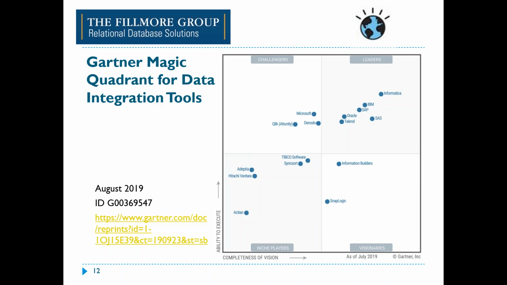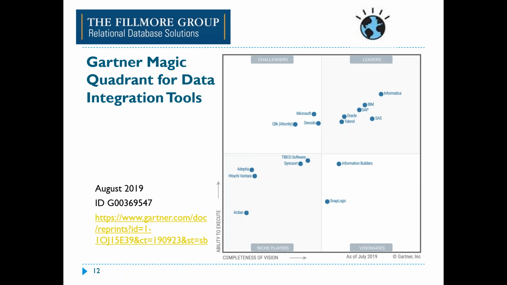The upper right is called the leaders quadrant, and that is because they excel in both the ability to execute and the completeness of vision. And as you can see, Informatica and IBM cover the top spots. Now, there's one caveat that comes with this, and that is this was a survey of data integration tools.